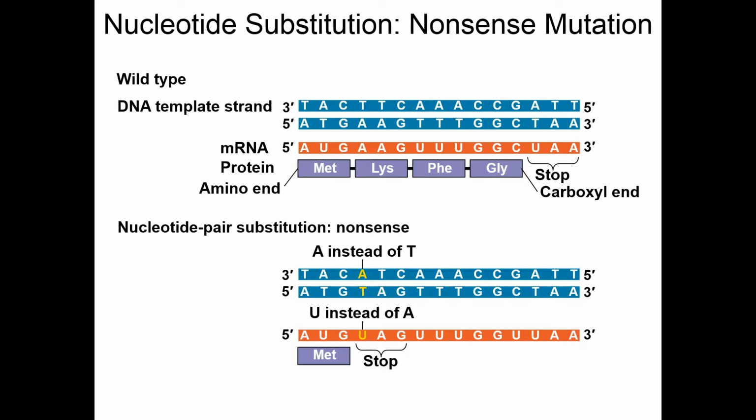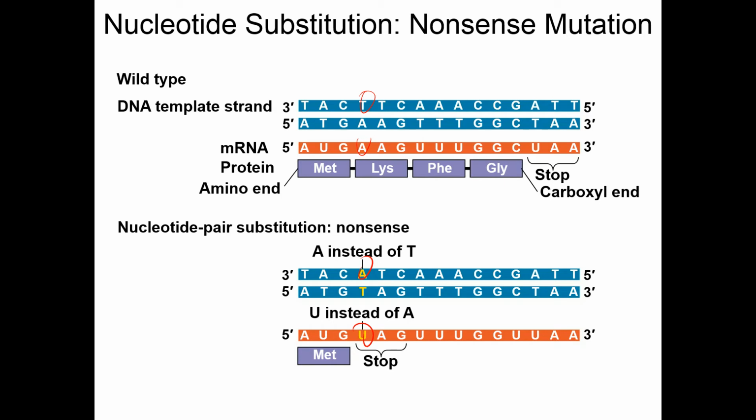A nonsense mutation. Let's say that here, instead of a T, you have an A. So in your RNA, instead of an A, you have a U. Well, UAG encodes for a stop codon.